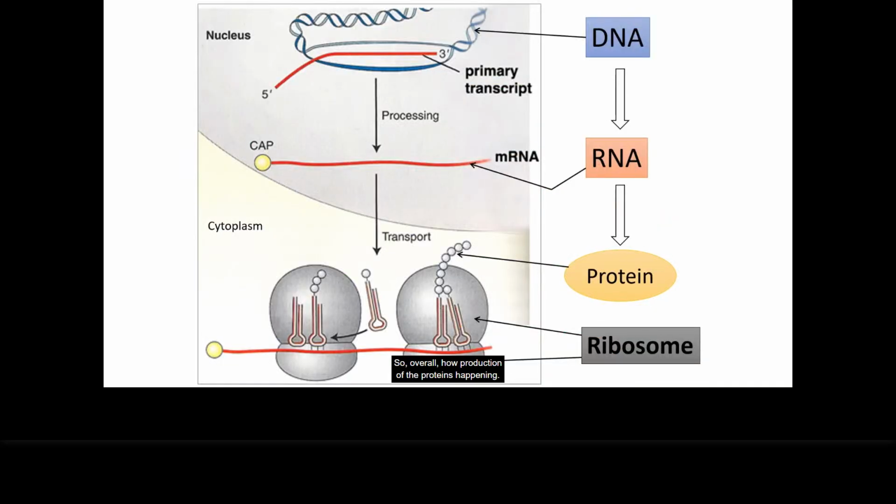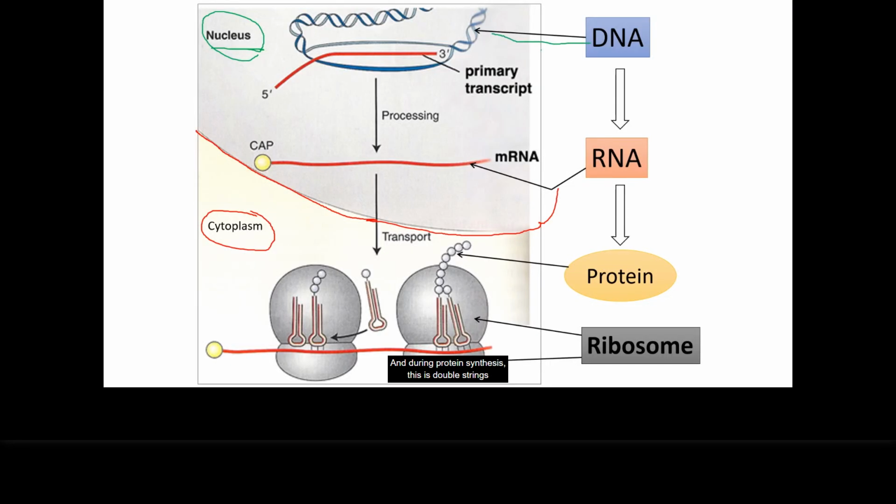So overall, how does production of proteins happen? Here we have part of the nucleus. Below, in light yellow, is the cytoplasm. We're looking right now inside of the nucleus. We have a DNA molecule, shown in blue, a double helix.